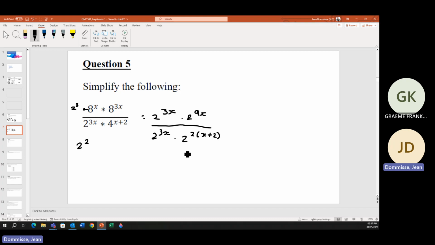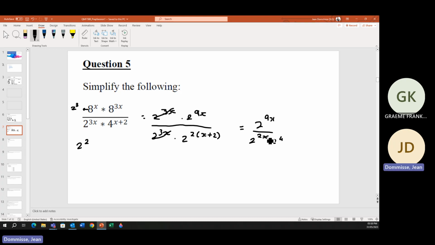Okay, so what I then would have done is to say, okay, that automatically nearly cancels out, but then let's write a bit more of what is left. So at the top, I'm still left with 2 to the power of 9x. At the bottom, I have 2 to the power of 2x times 2 to the power of 4.